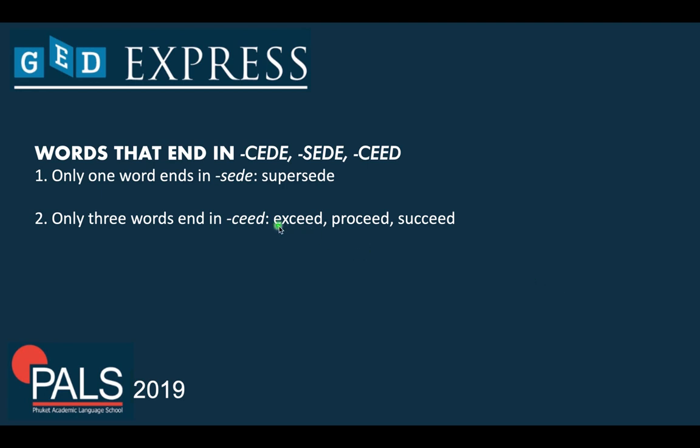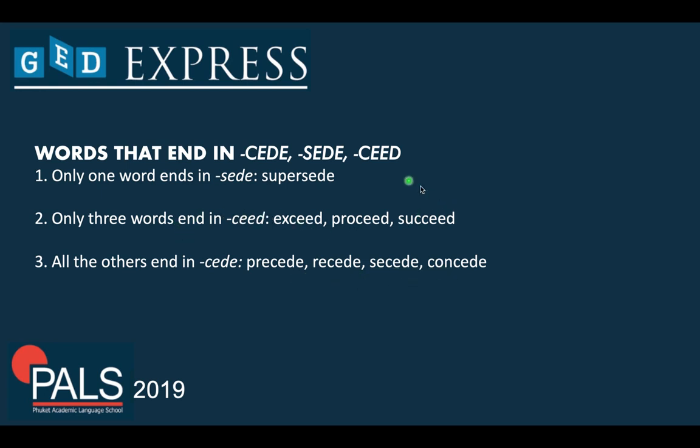Again, it's easier to remember the exceptions instead of all the other words that follow. All the others end in CEDE: precede, recede, secede, and concede. So like I said, it's easier to follow those that only end in CEED and SEDE instead of CEDE, which is all the others.